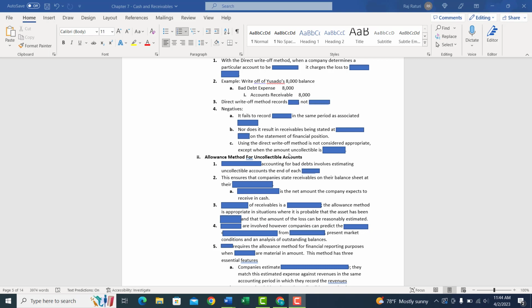In addition, the direct write-off method doesn't involve estimates, and as a result, the amounts are immaterial. So the allowance method is going to have material amounts, at a much larger value, and you have to use estimations with bases to get that allowance account. For this, you don't have an allowance account. You directly offset accounts receivable.